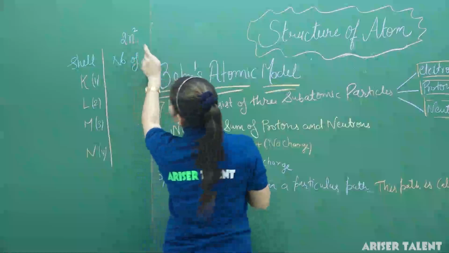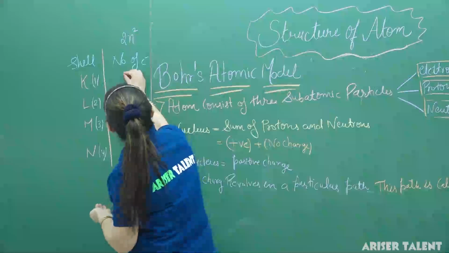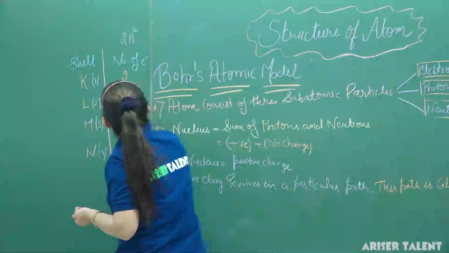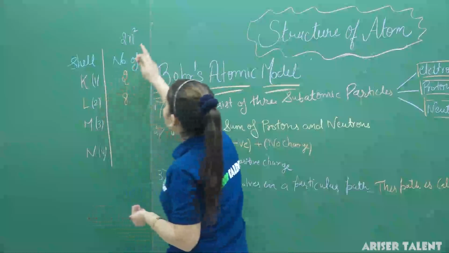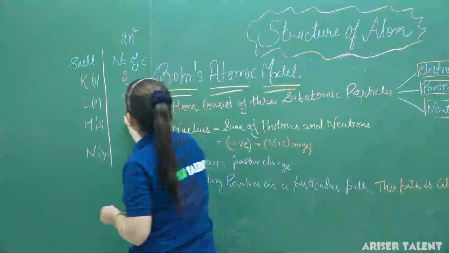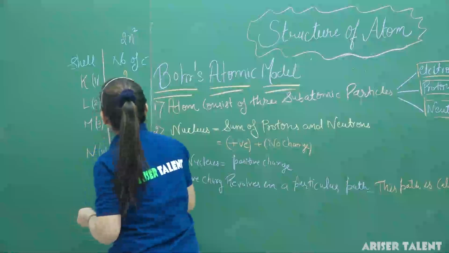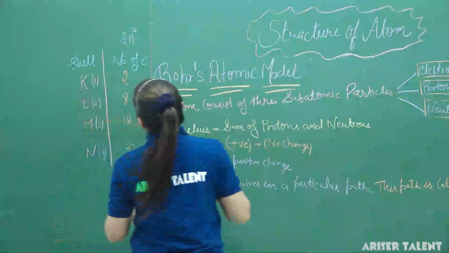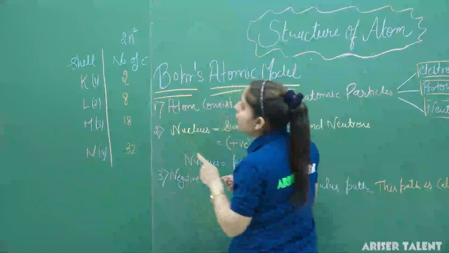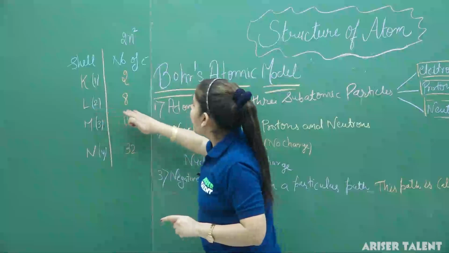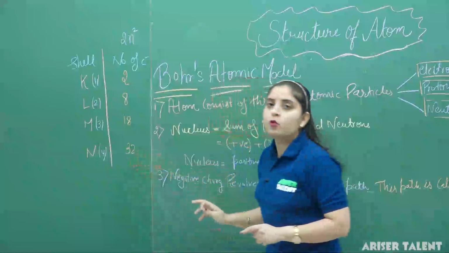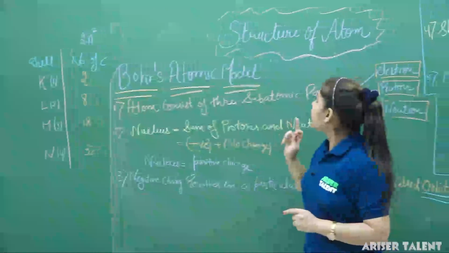So 2 into 1 square, what we get is 2 electrons. Now 2 into 2 square gives 8 electrons. 2 into 3 square gives 18, and 2 into 4 square gives 32. So in the K shell we have only 2 electrons, in L we have 8, in M we have 18 electrons, and the 32 electrons will be accommodated by the N shell.